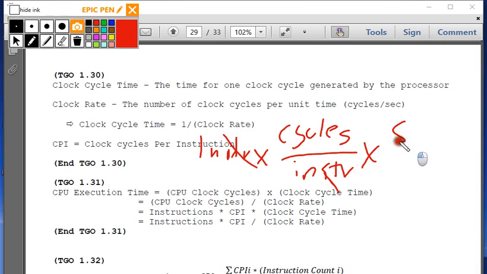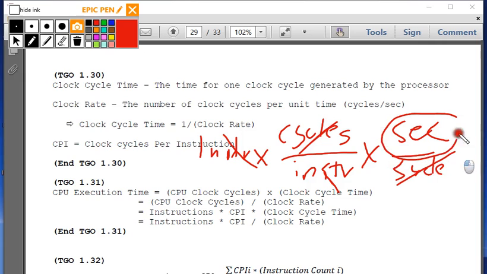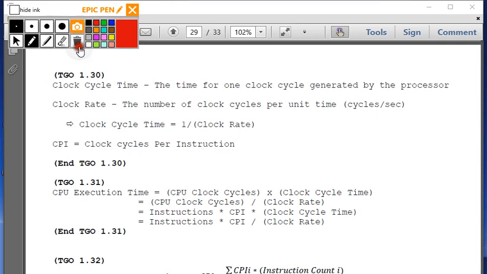And I multiply that by seconds per cycle, which gets rid of cycles. Now I have my CPU execution time. By doing that, I've derived both of those equations, because this is the same thing as dividing by cycles per second. Just by using those units and keeping track of them, if you forget the equation on the exam, you know the units, so you'll be able to derive the equation off the top of your head.